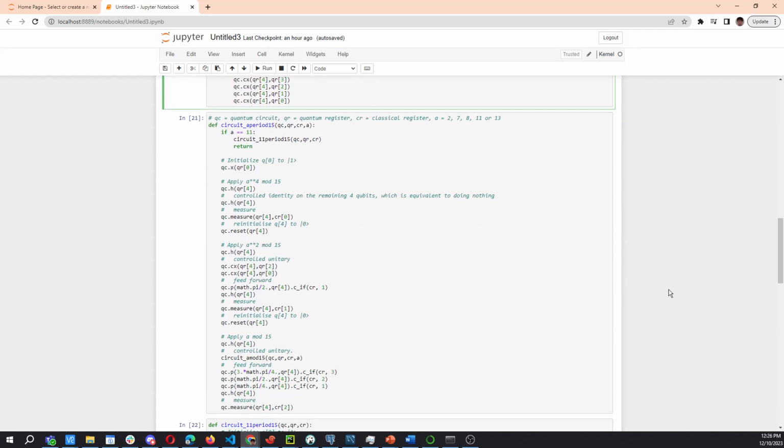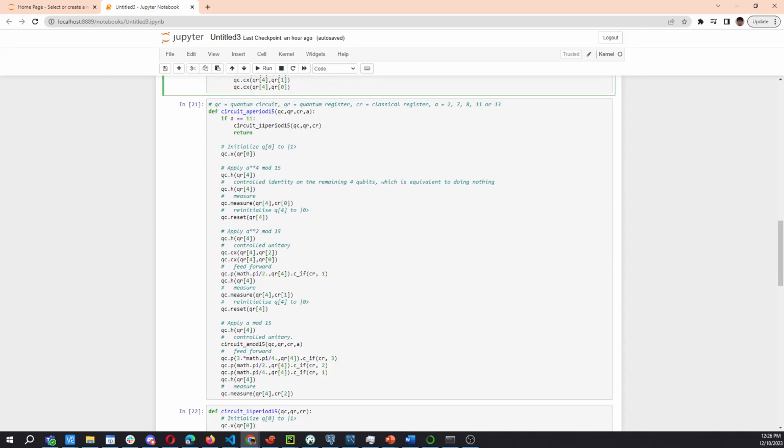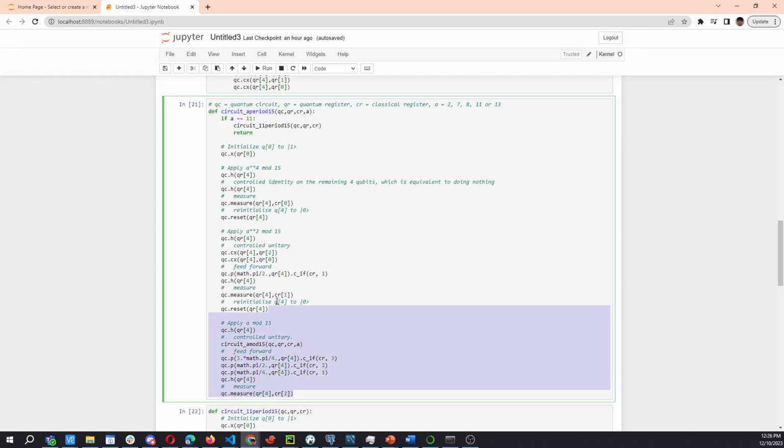And then the second part, we can build the last of the period finding circuit. So we can find the period with 15, and then we can initialize the qubits, and then apply A to the power of 4 mod 15, and A to the power of 2 mod 15, and then A to the power of 1 mod 15.